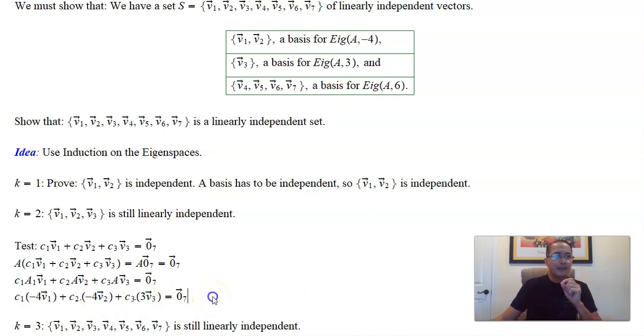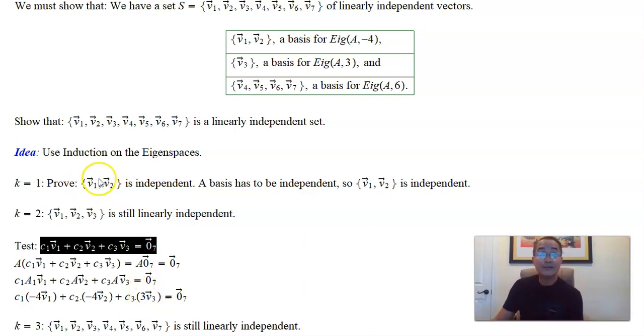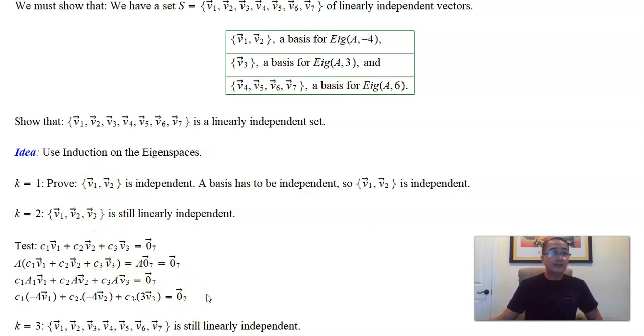But now, what was the other thing that we did to the test equation? We said, I want to get rid of the v3 because if I only have v1 and v2, I know they're independent. So now we can multiply both sides of this equation by 3.